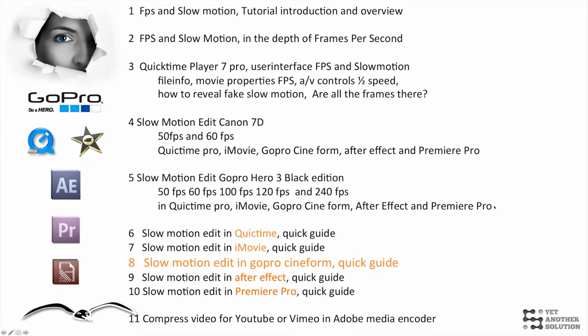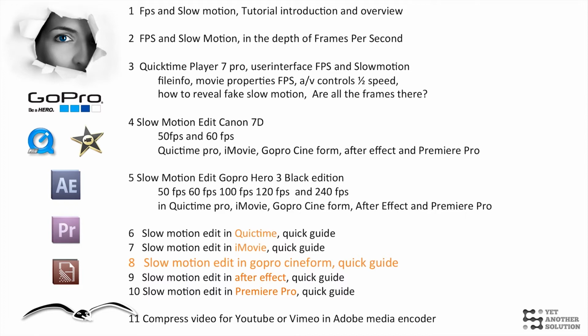So we are going to give you a short overview of the other parts of this tutorial series. There are 11 in total in this series. If you want to go deeper into frames per second, I really recommend tutorial number 2. I also recommend tutorial number 3 if you want more information about how to use QuickTime Player 7 Pro. Why should you go in there? Because I think QuickTime Player Pro is really nice to use together with your more advanced editor.